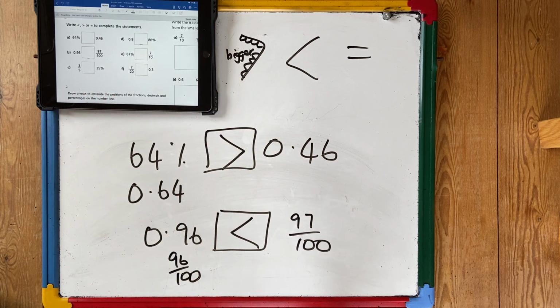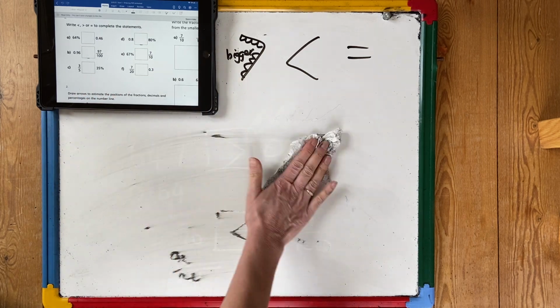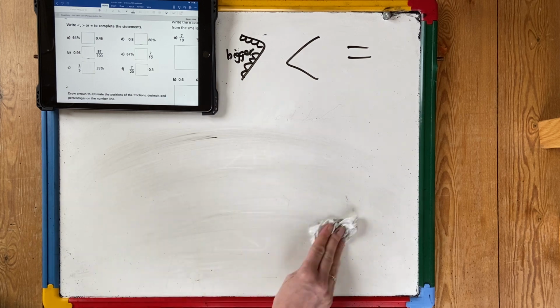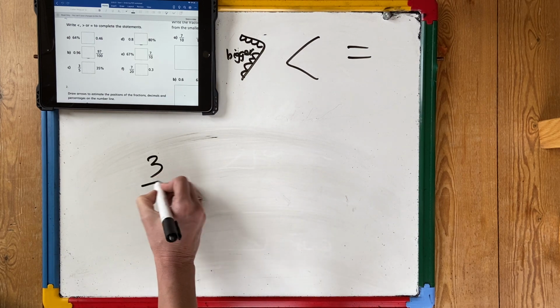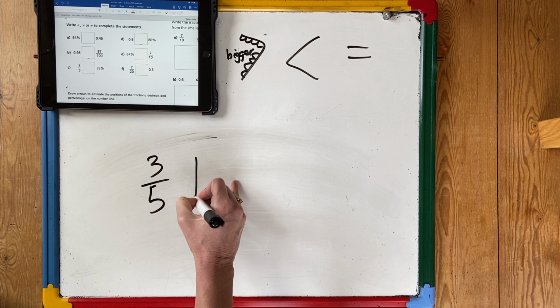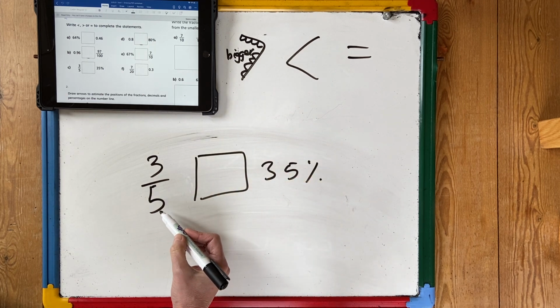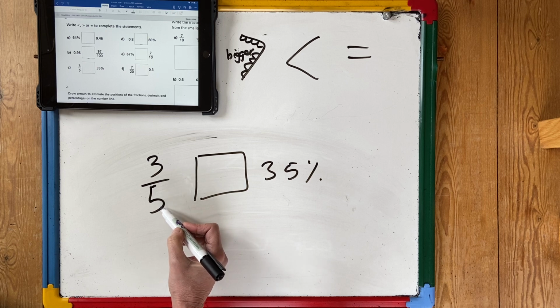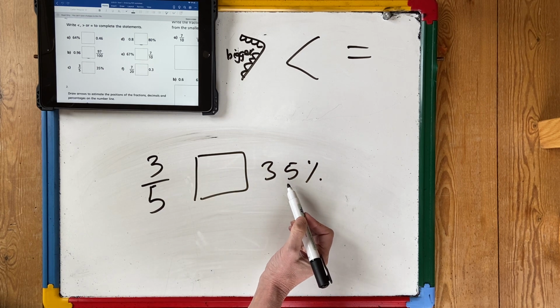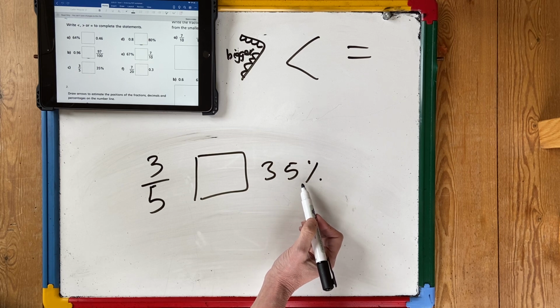Let's do C. So 3/5, is it more or less than 35%? Here we need to find the equivalent fraction in hundredths to be able to compare it to percentages.